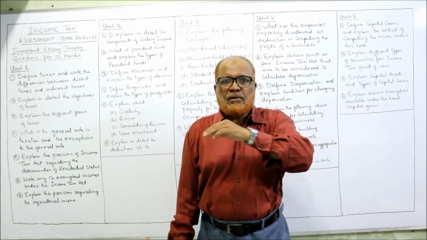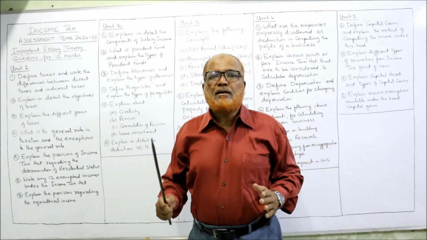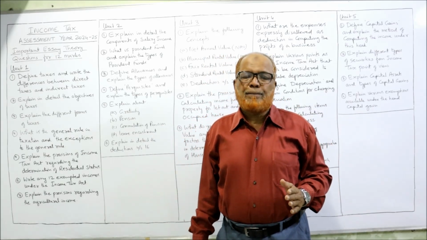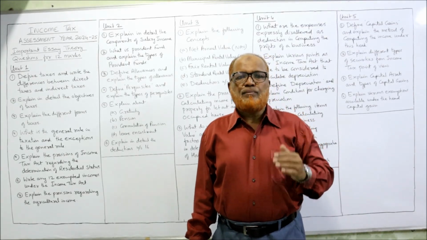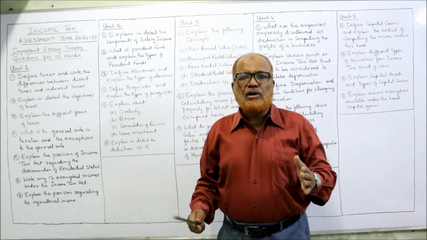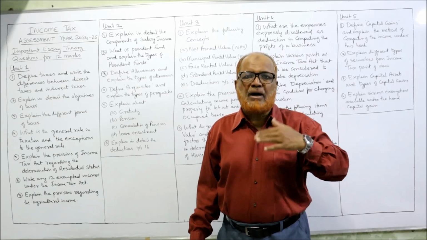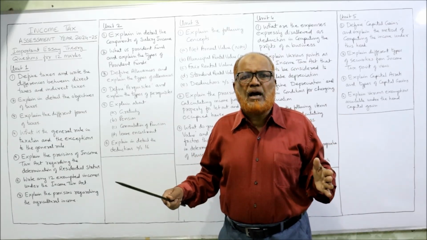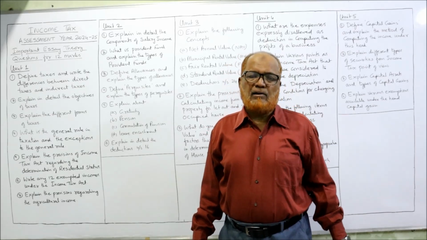Allowances: different allowances will be taken, like dearness allowance, DA, CCA, city compensatory allowance, house rent allowance, entertainment allowance, children education allowance, children hostel allowance, meal allowance, lunch allowance, medical allowance. So many allowances are there. These allowances will be taken under the head allowances.